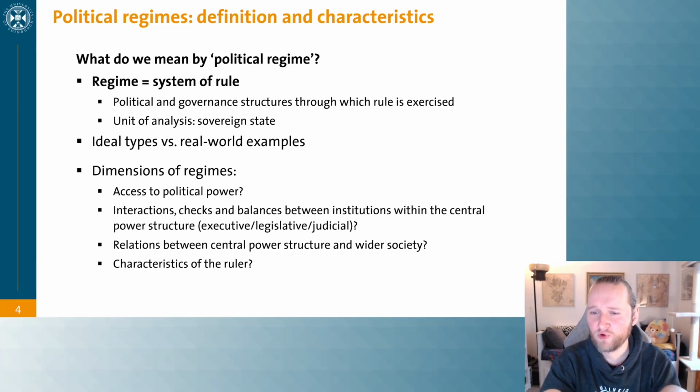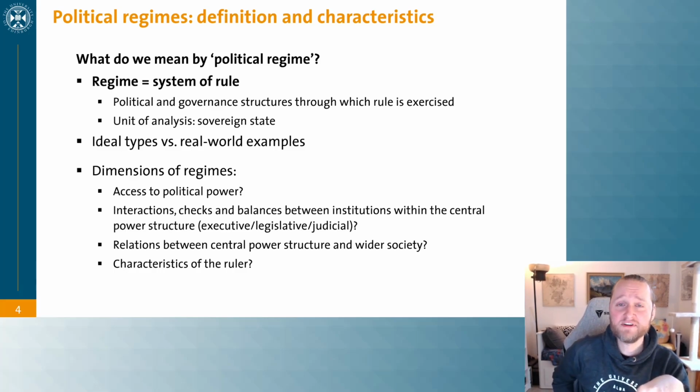Almost all states in the world have these institutions, but in some states, these are more independent of each other and they act as true checks and balances. In other countries, that's not quite so clear. You could have, for example, an absolute monarchy where the monarch is both the head executive, so they decide what happens politically, and the legislature, so they sign off on laws and regulations. They might even be the head judge, the topmost judicial power in the country.